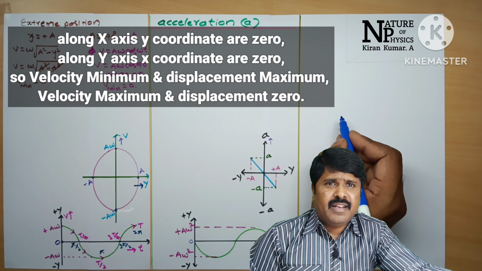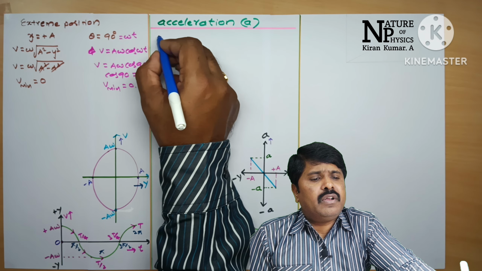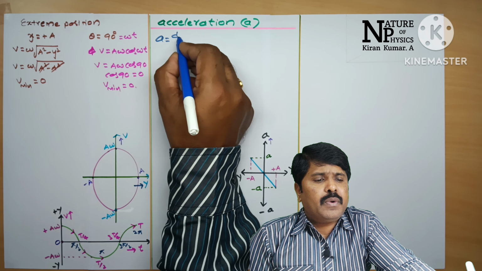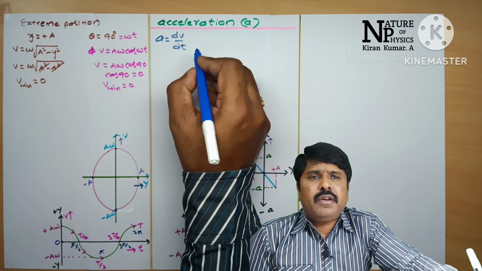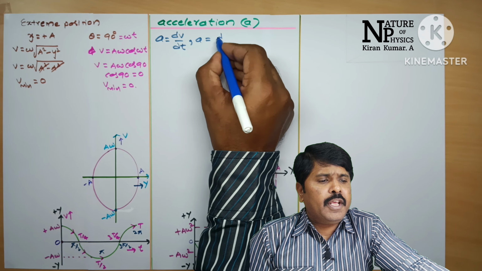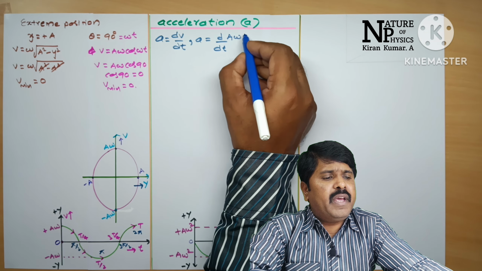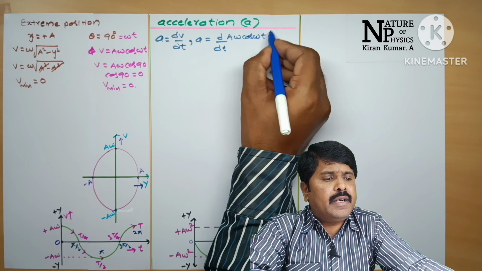So the rate of change of velocity is called acceleration. So a is equal to dv by dt, that is a equal to d by dt of velocity, which is A omega cos omega t.